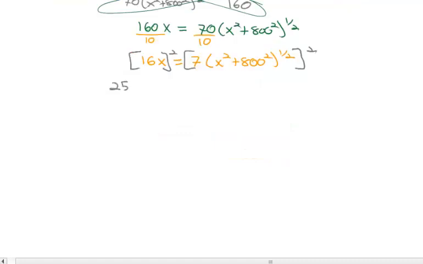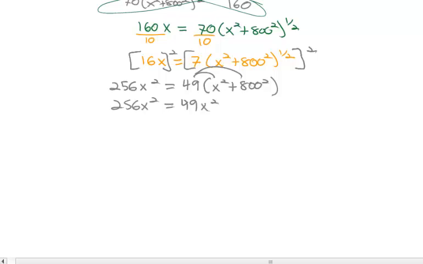So 16 squared is 256. X squared equals 7 squared is 49 times x squared plus 800 squared. Distribute through the parentheses. 256x squared equals 49x squared plus, we'll have the calculator do this later, whatever 49 times 800 squared is. That'll keep life easier for us.